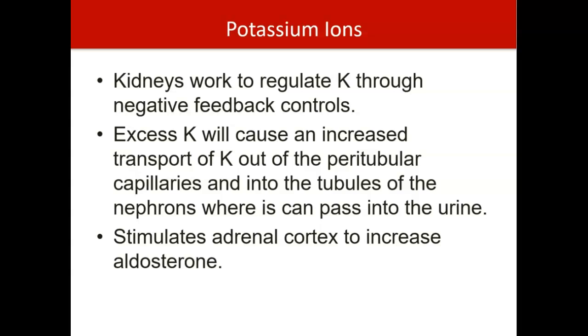Aldosterone stimulates those tubular epithelial cells to help transport potassium ions out into the urine. That increases the concentration of potassium in the urine and normalizes the concentration of potassium in the body fluid.